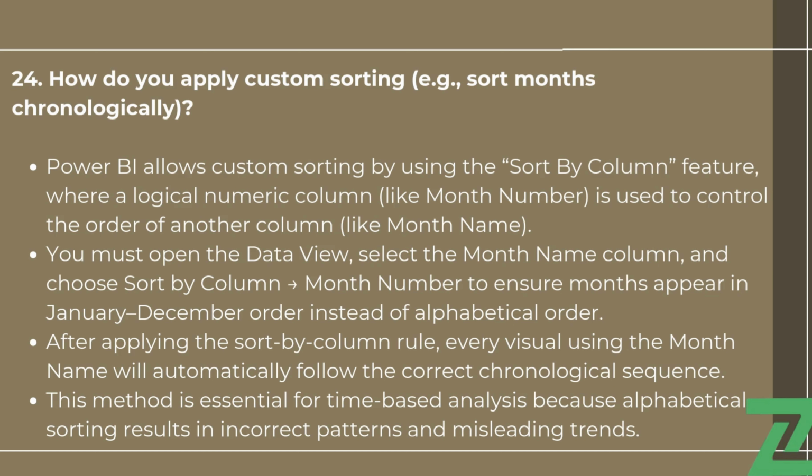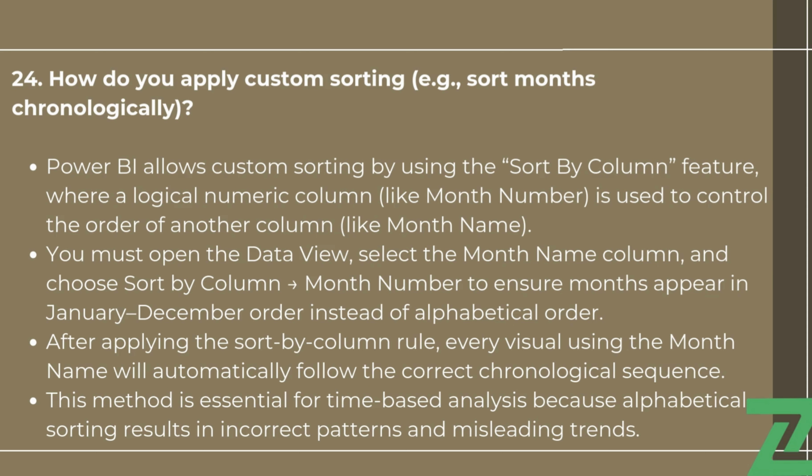Power BI allows custom sorting by using the Sort by Column feature, where a logical numeric column, like month number, is used to control the order of another column, like month name. You must open the data view, select the month name column, and choose Sort by Column > month number to ensure months appear in January to December order instead of alphabetical order.